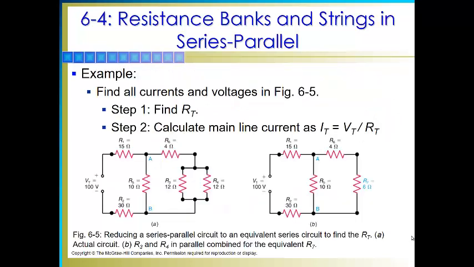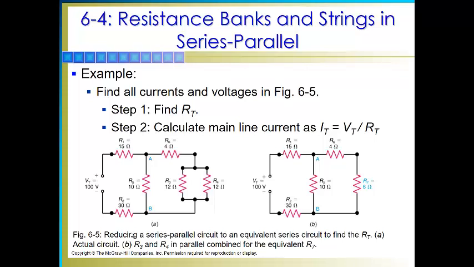Let's take a look at an example here. In this circuit, we need to find the currents and the voltages in figure 6.5, which is this right here. So the first step will be to find the total resistance. In other words, can we replace this whole circuit by one that has only the voltage and one single resistor?